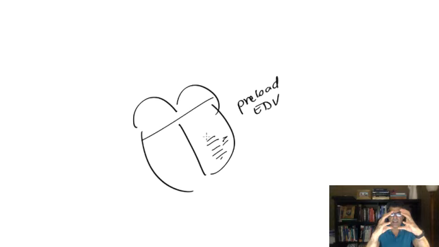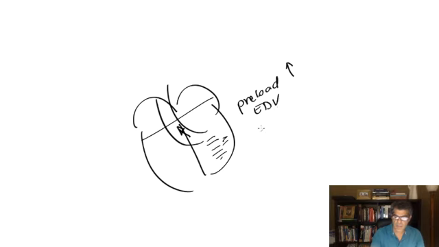As a result, the more you stretch, the more you're going to get close to the optimum length, where the actin and myosin overlap optimally, and now your heart is going to pump more blood out. That means if the preload goes up, my stroke volume is going to go up, and therefore my cardiac output is going to go up.